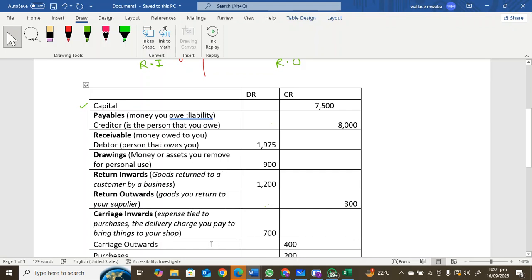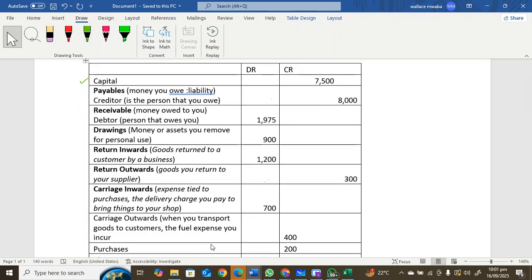So carriage outwards, yes. So expenses on the debit side.